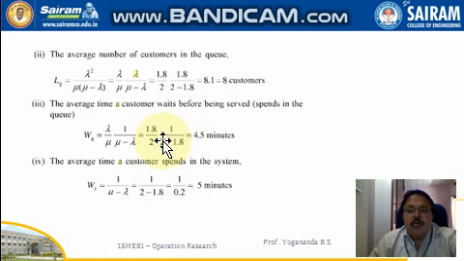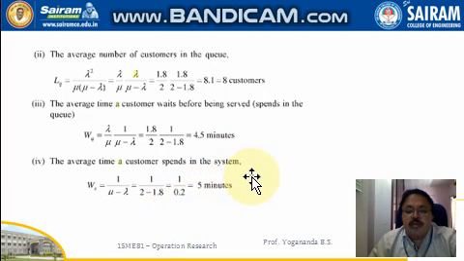So 1.8 by 2 here, multiplied by 1 divided by mu minus lambda. Substituting everything here, we get 4.5 minutes. So a customer waits for his turn for 4.5 minutes. That is the average time a customer waits before he gets his service.